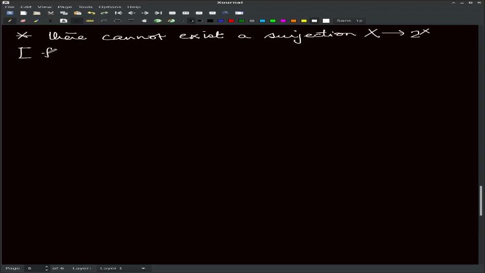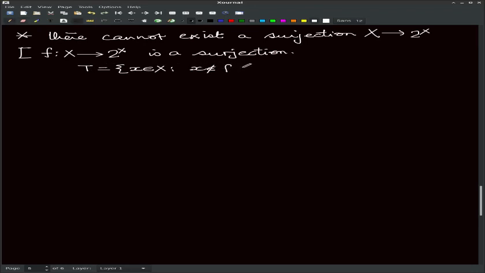Suppose this is a surjection. Then let me take this. It's almost the same as Russell's paradox kind of a thing. Okay?